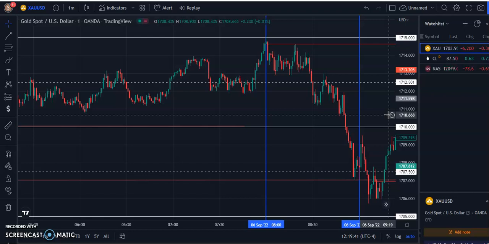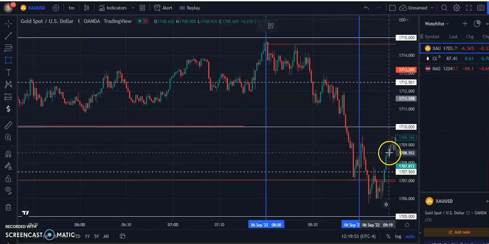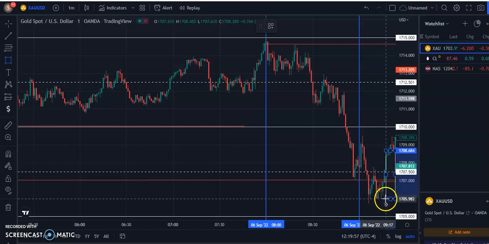Now to me, this is how my setup looks like, but this is not my best trade setup. This is just a trap, because first of all we have an imbalance. We have an imbalance here from that region, this whole region.